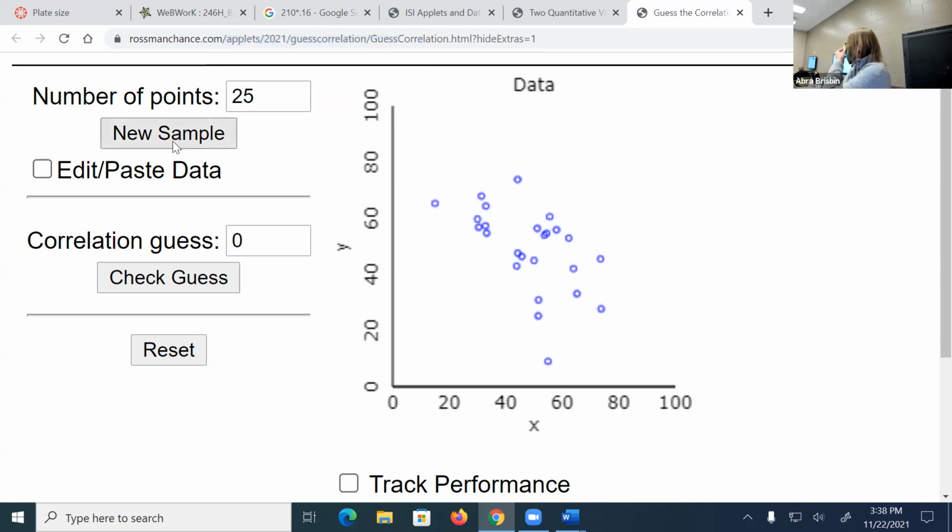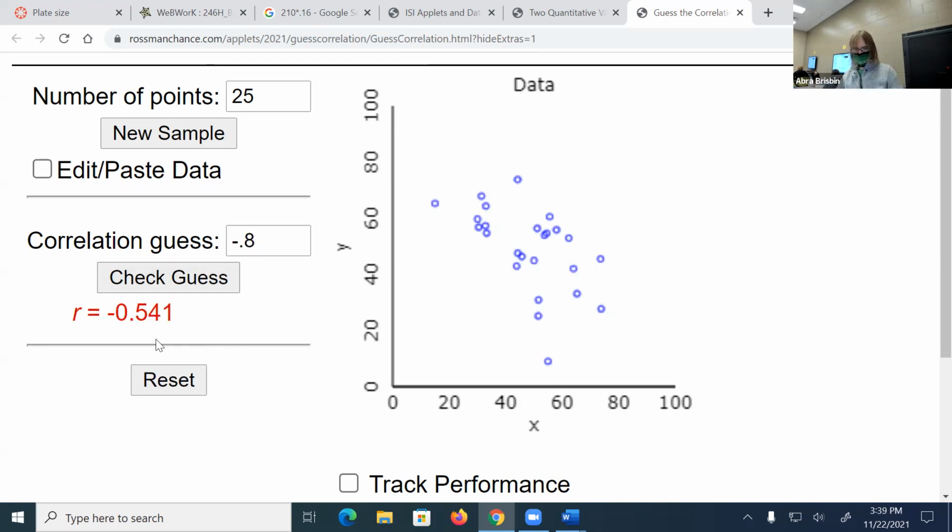So here you can have it generate a sample of data for you, and then guess what the correlation is. So let's see, this is going to be a negative correlation. This looks reasonably strong to me. Maybe I'll guess negative 0.8, and then we'll check it. Oh man, I was far off. Negative 0.541.